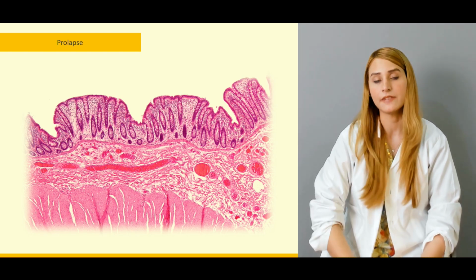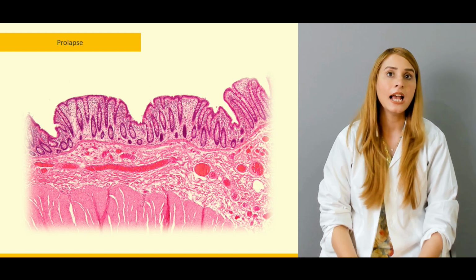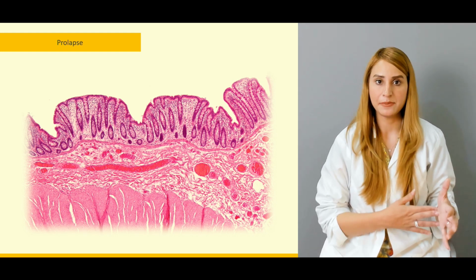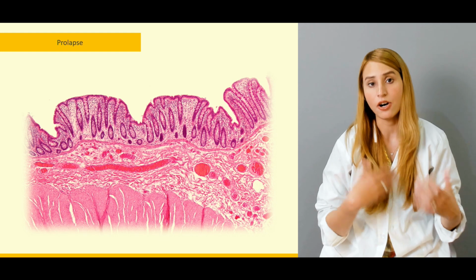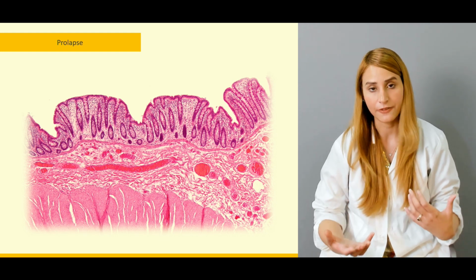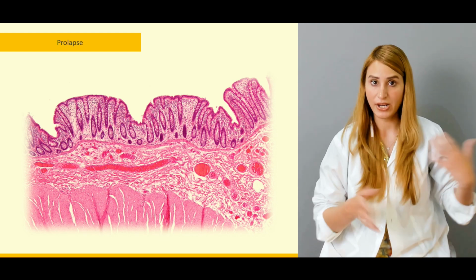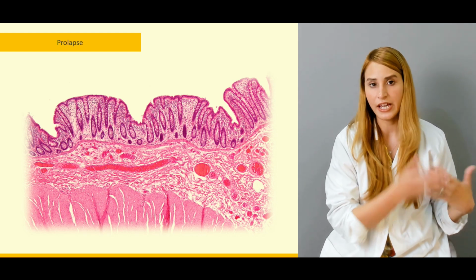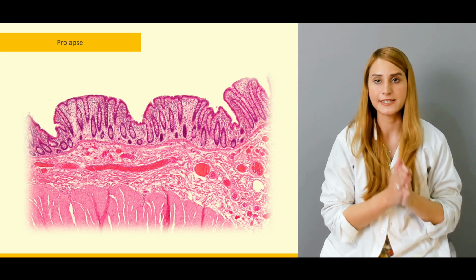The presenting complaint of the patient can be a prolapse. Now, the rectal prolapse can be a mucosal prolapse, where only the mucosa of the rectum is prolapsed, and the rest of the different layers of the rectum are in place.